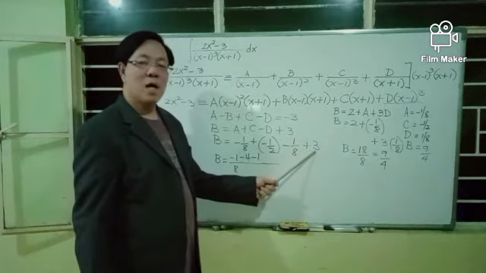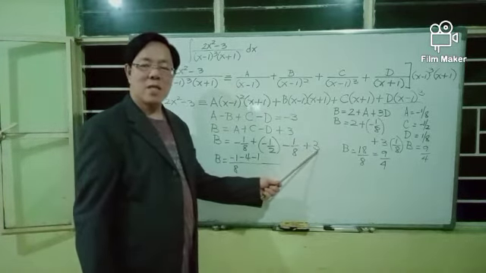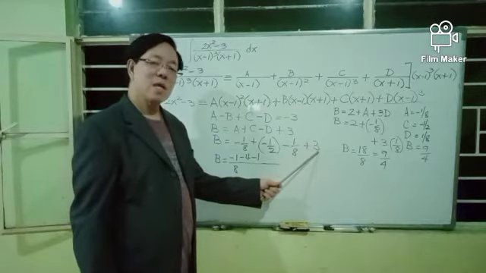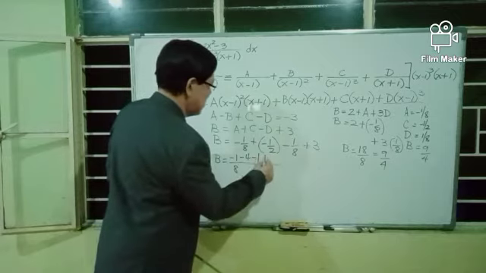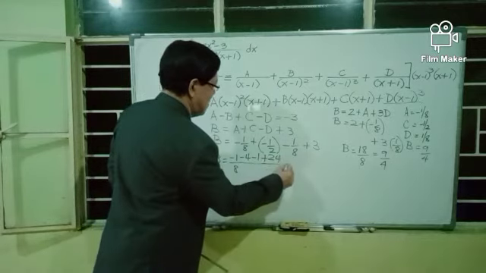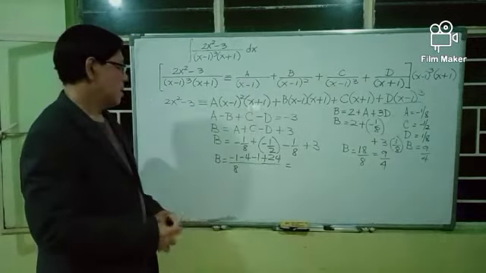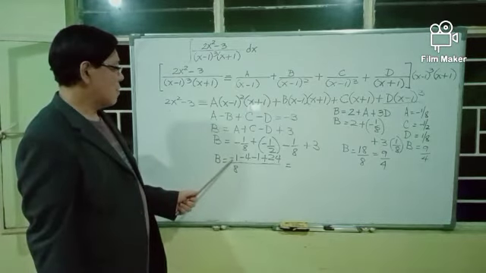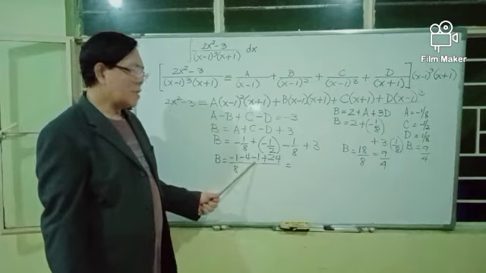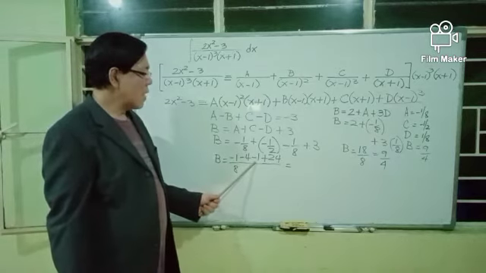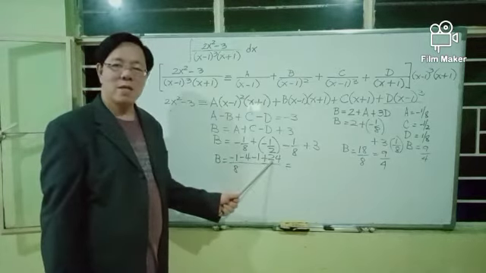And here we have 3. We multiply 3 by 8/8. We get 3 multiplied by 8 is 24. And we have minus 1, minus 4, minus 1 is minus 6. And minus 6 plus 24 is 18.